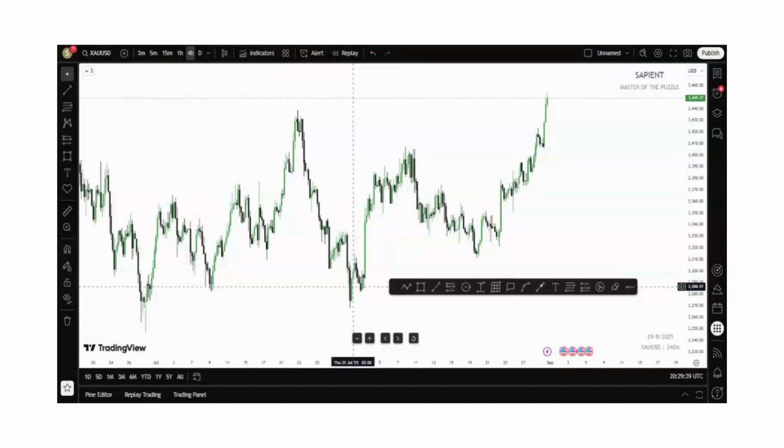Market data can be in different kinds of forms, and the most popular one is studying the candlestick, right? We have market data like volume, like bar charts, like histograms, and so on, right? But the most popular one is studying the candlestick.